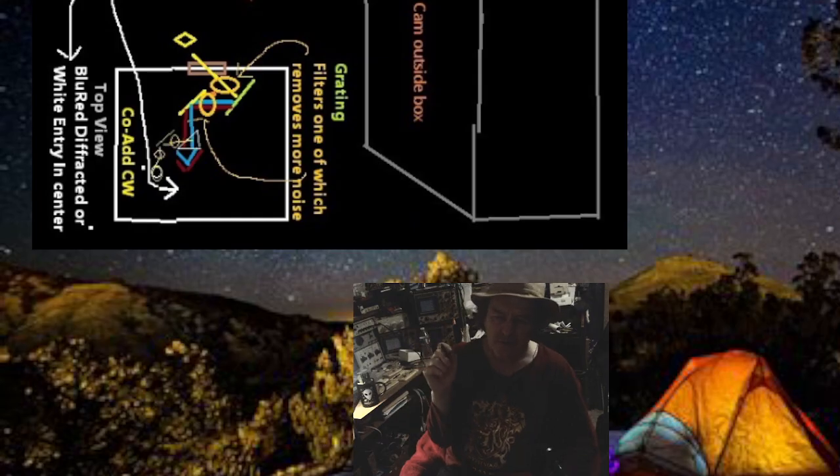Because it has to do with the two mirrors part of the interferometer. If I have the beam coming in at the entry point, the detector is going to end up on the bottom if I have the beam coming in from left to right.